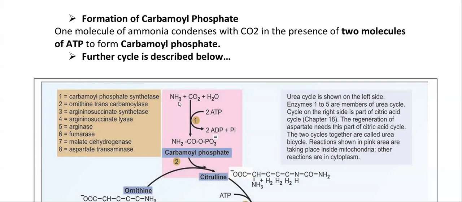The two molecules of ATP convert into two molecules of ADP plus phosphate ion, with utilization of energy. What is formed? Carbonyl phosphate.